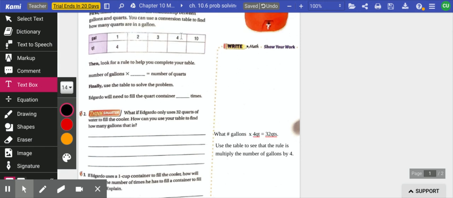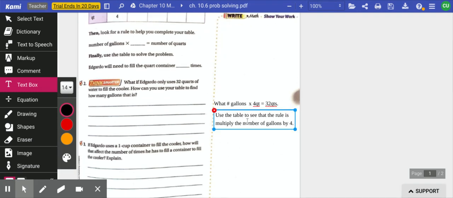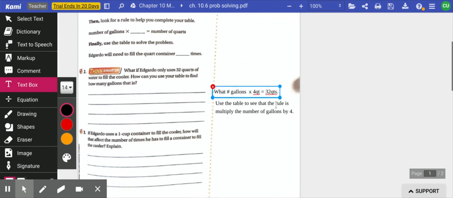And if I continued this chart, I'm missing gallons 5 through 9 here. So I know that 8 would fit into this pattern. So we can use the table to see that the rule is to multiply the number of gallons by 4. And that's how you know that 8 gallons times 4 would give you 32 quarts.